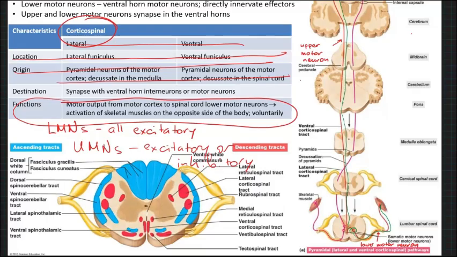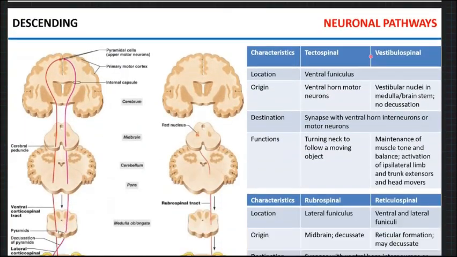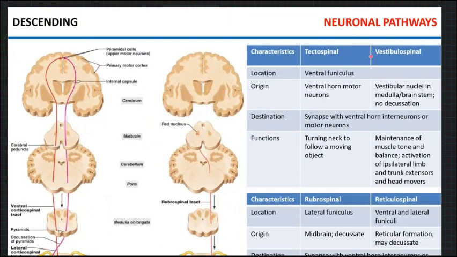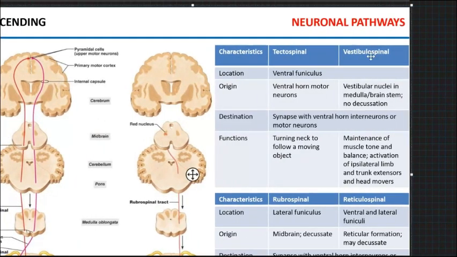So you need to know that corticospinal tract or pathway is descending, and that it conveys signals to voluntarily contract your muscles. These are 4 other ones, so the only thing you need to focus on seriously are their functions.